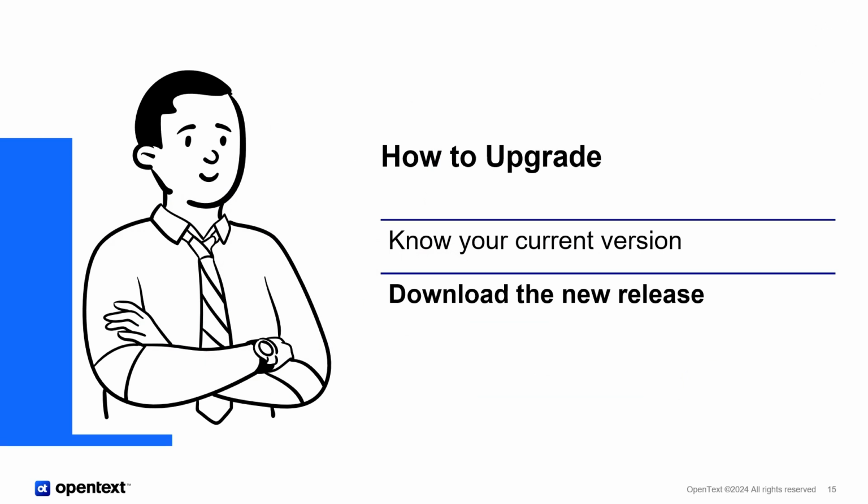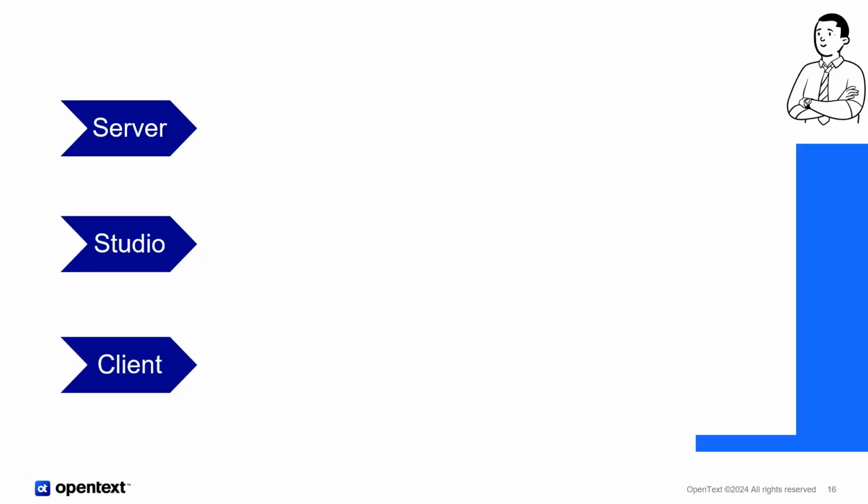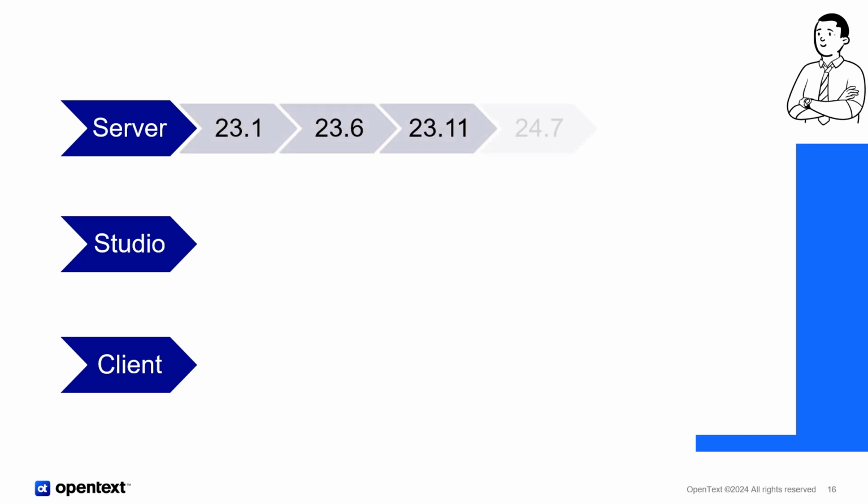Once you know what version you are on, the next step is to download the new release. However, the version or versions you need will depend on your current version. There are three components to upgrade: the server, studio, and client. The server needs to be upgraded one version at a time.